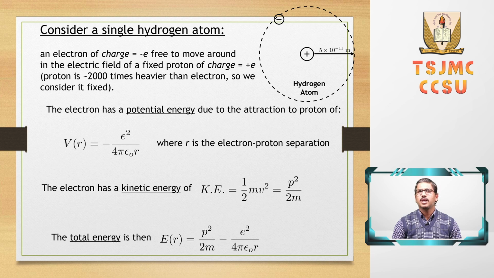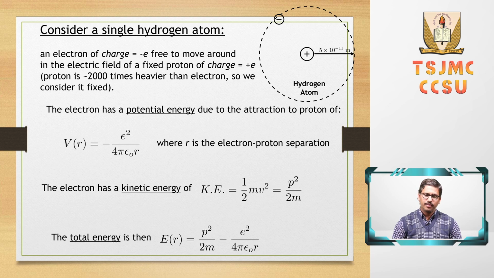You can treat them as two charged particles. The proton has a positive charge and the electron has a negative charge, and the fundamental force describing the interaction between two charged particles is the Coulomb force.